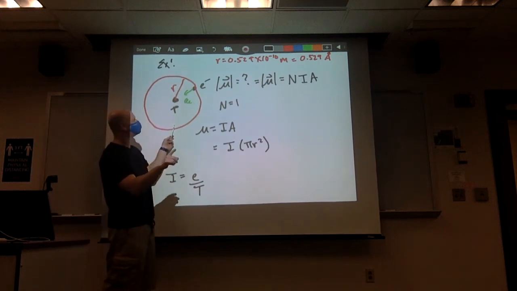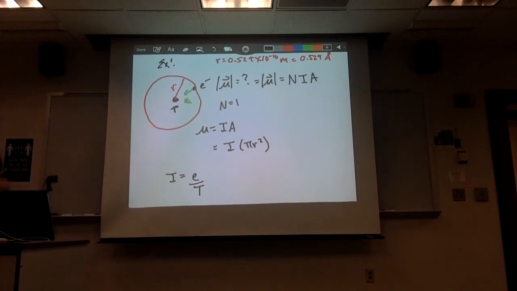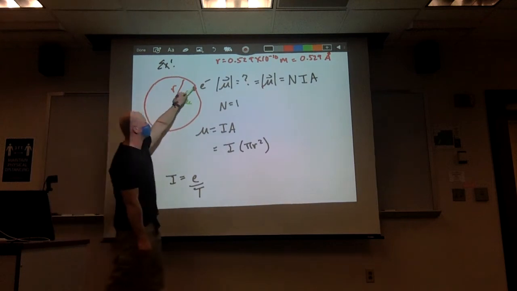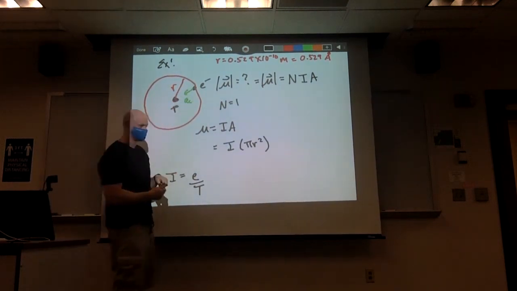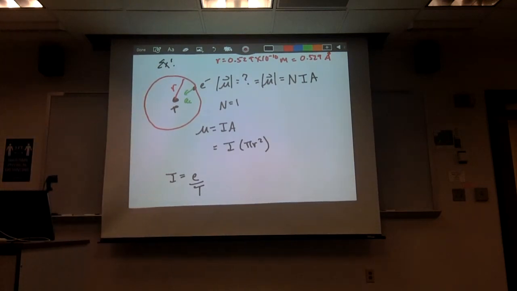Now, magnetism is in there, but magnetism gives small corrections to the ground state energy of the electron. This is what's known as the spin-orbit coupling. The proton has a magnetic moment, the electron has a magnetic moment, and the interaction between these two magnetic moments gives you corrections to the ground state energy.